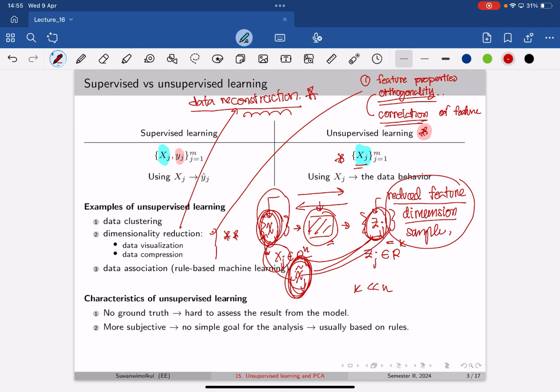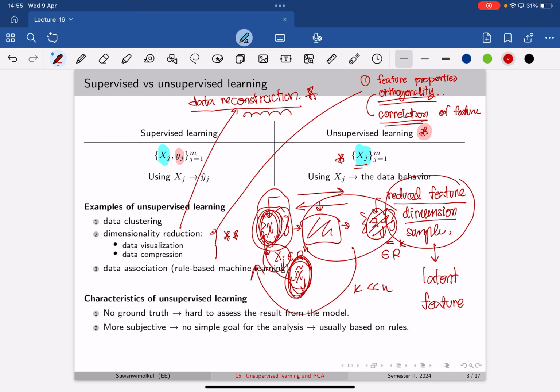So in your training stage, you train these two things. You train the black box that's going to compress your data, and you train the reduced feature dimension, or sometimes we call it the latent feature. And usually these two things will keep information about the input. Because of that, when your input has some kind of missing value, these two components can help you reconstruct it back.